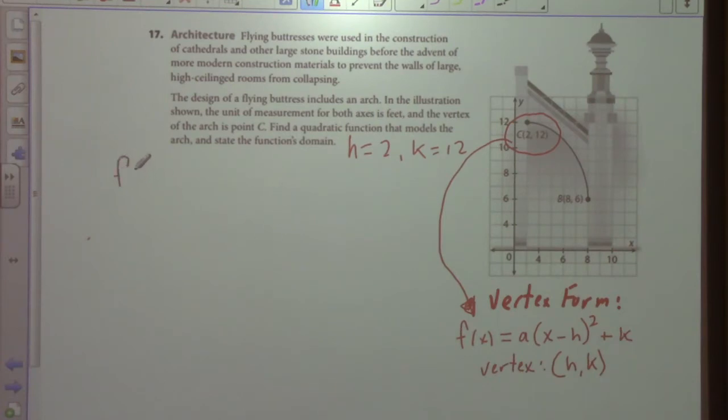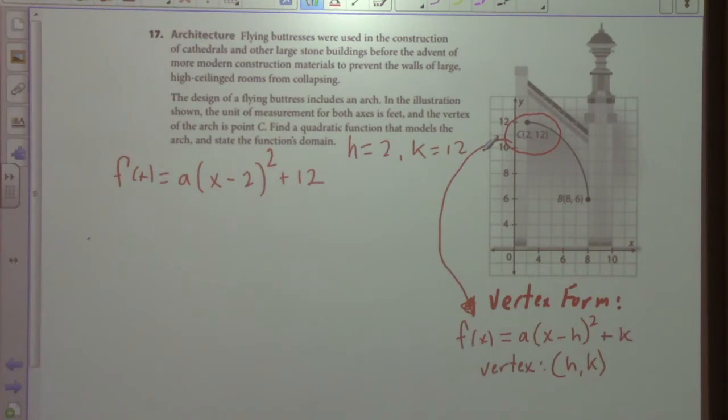So we're going to have f of x is equal to a. We don't know a yet, but we know that h is 2, right? And we know that k is 12. All right, so that's our start on the deal.